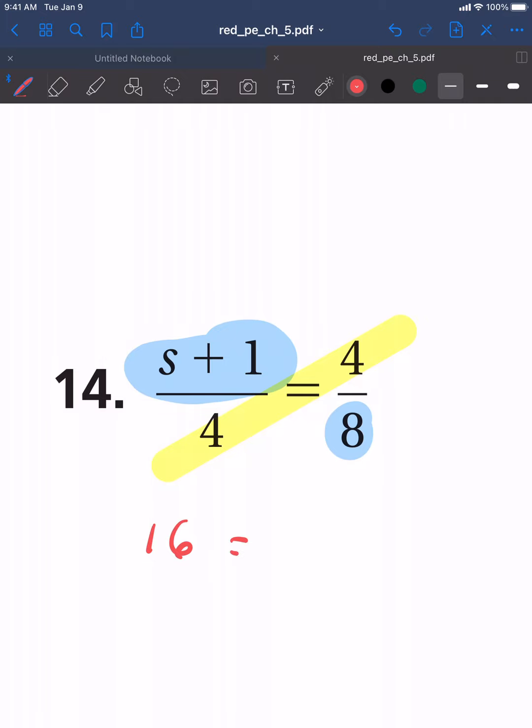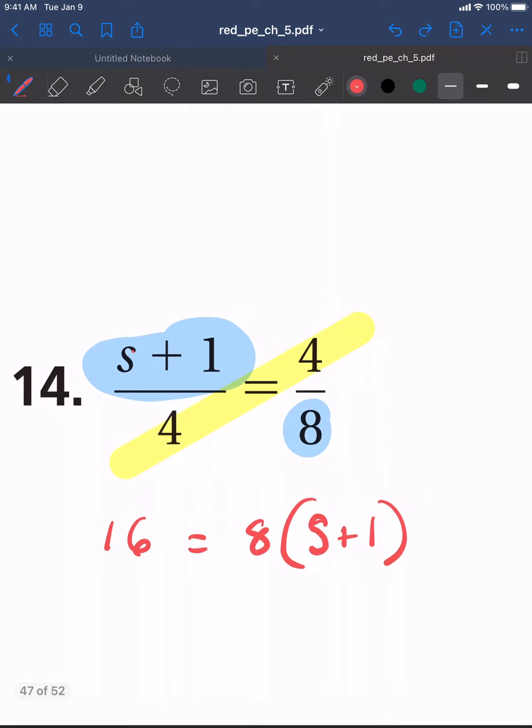So it's going to be 8 times this whole thing. So wait, why are you saying s plus 1 is 2s? Are they like terms? No. If this was an s right here, then yes. It'd be 8s plus 8.